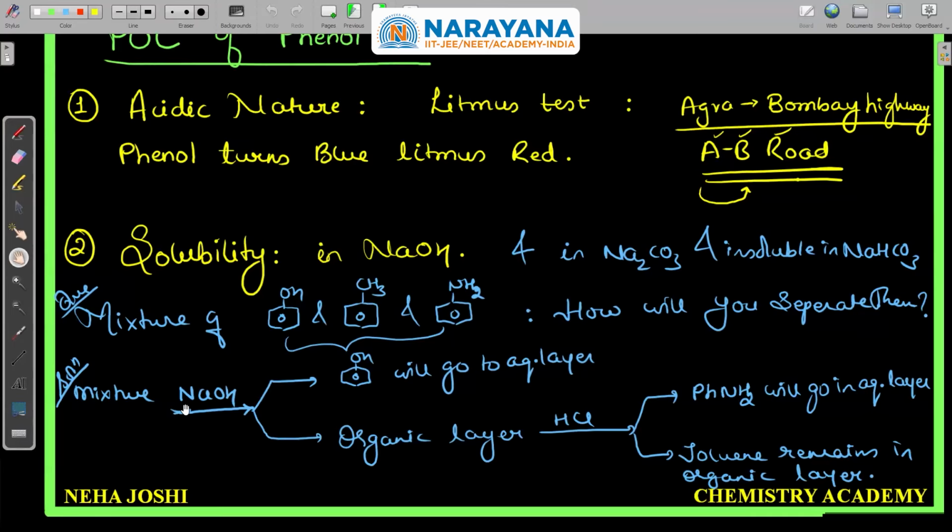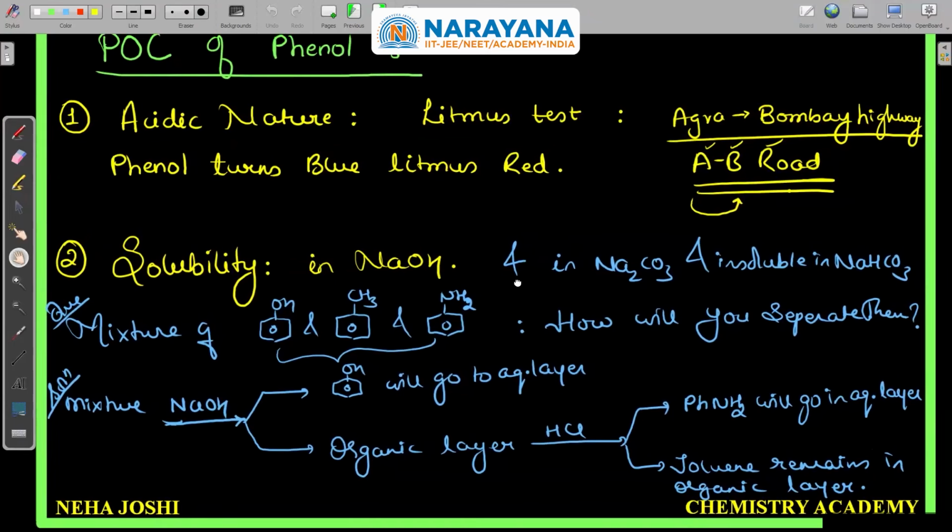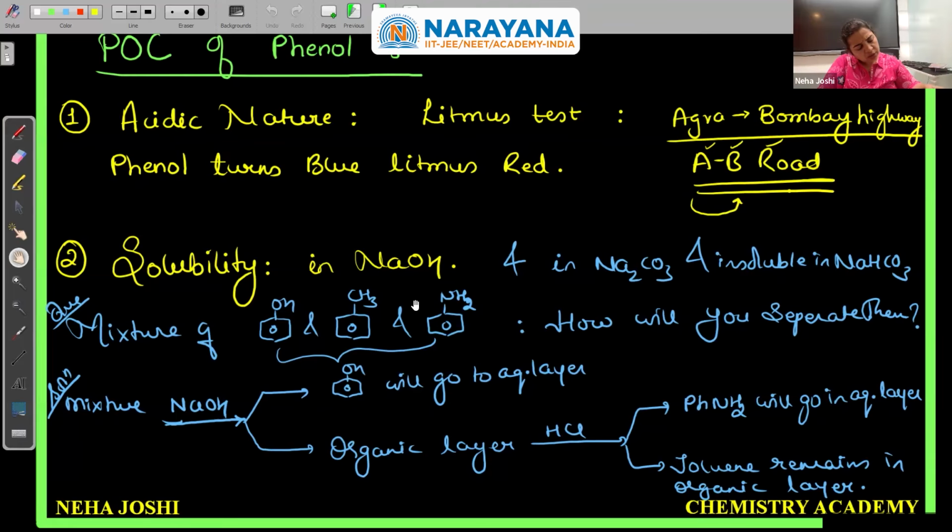Ma'am, in this case, with solubility in NaOH, Na2CO3 and NaHCO3, is there a general order for 1 degree, 2 degree, 3 degree alcohols and acidic hydrogen, something like that? No, it is a simple thing that whichever is more acidic, the strong acid displaces the weak acid, that is the key. There is no such order.